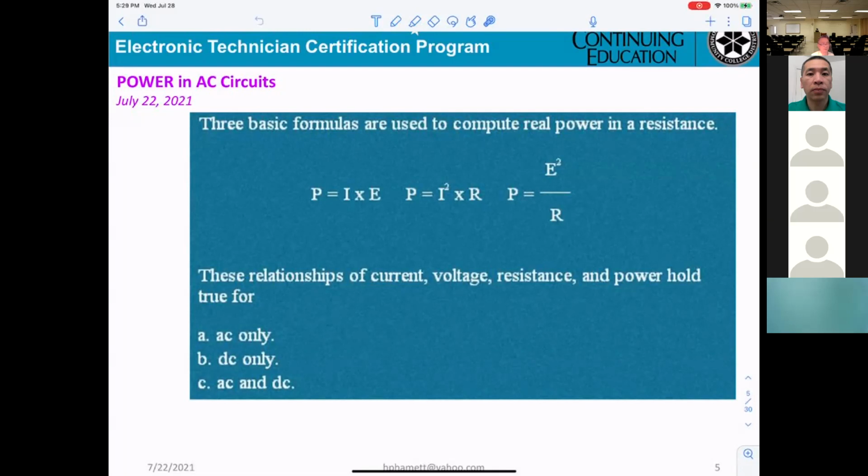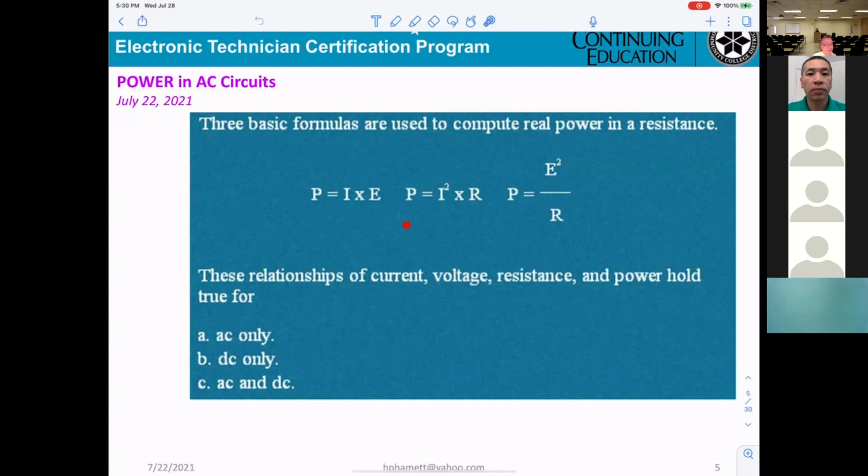A. No. So basically, you are doing it left to right, it will be C again. However, the answer will be B. I already told you, these three formulas only apply for the resistor.